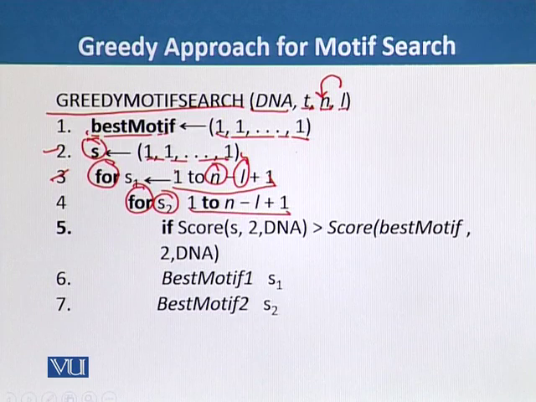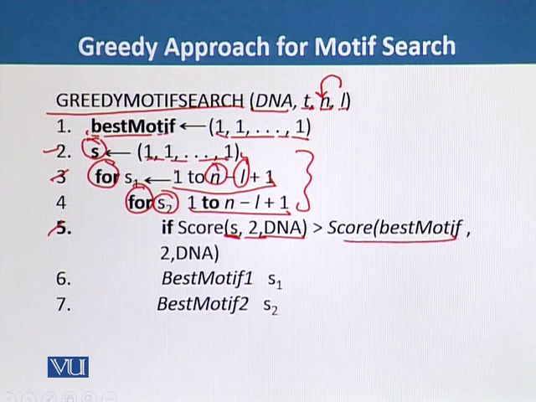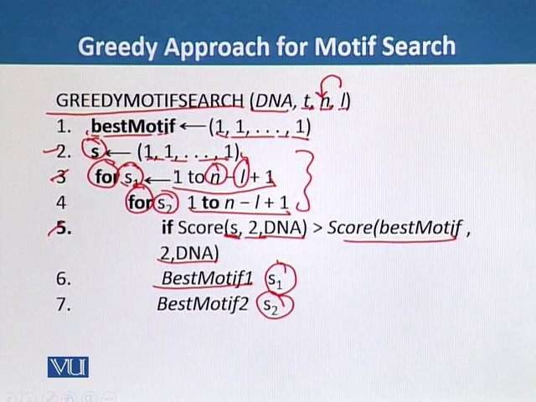In this case we first search the first two DNA sequences and try to find the best motif within them. Then, if the score of the best starting points in the two DNA sequences is greater than the score of the best motif of the two DNA sequences, we assign the value s1 as best motif 1, and similarly we assign the value s2 as best motif 2.